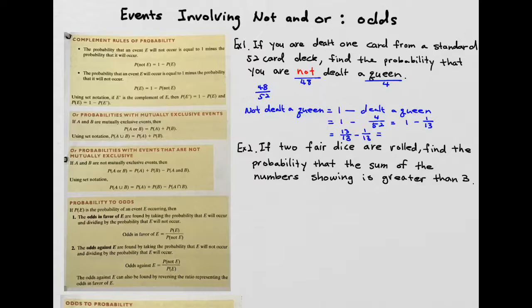You change 1 into 13 over 13, and then it gives you 12 over 13. If I reduce the first answer, that's what I will get, 12 over 13. So either way, you will get the same answer, and sometimes this method is way easier because this probability is smaller.